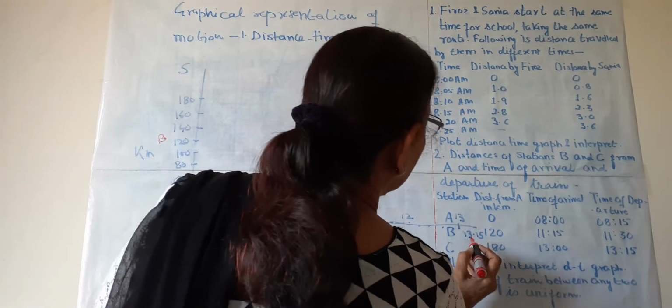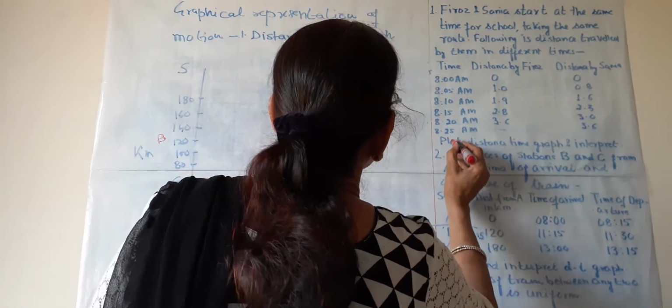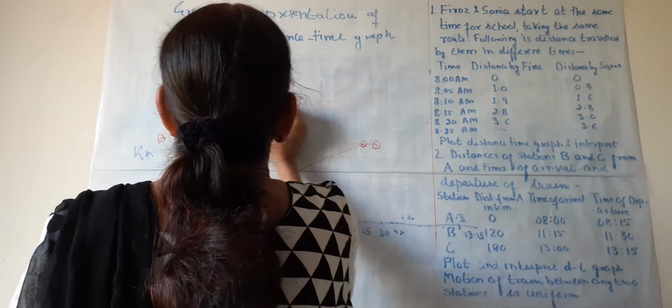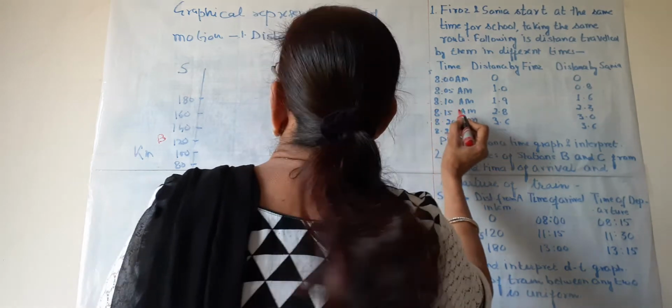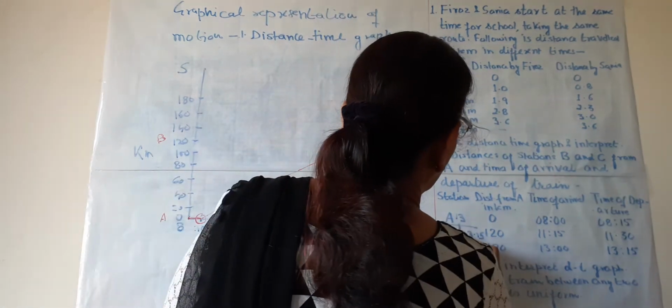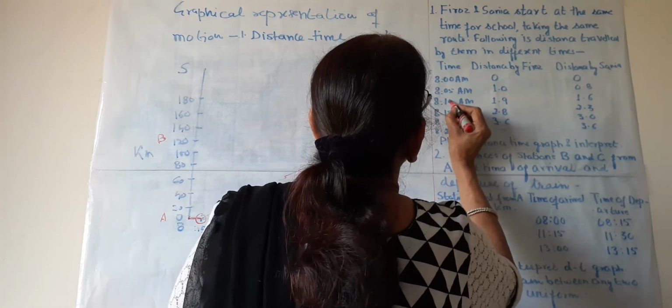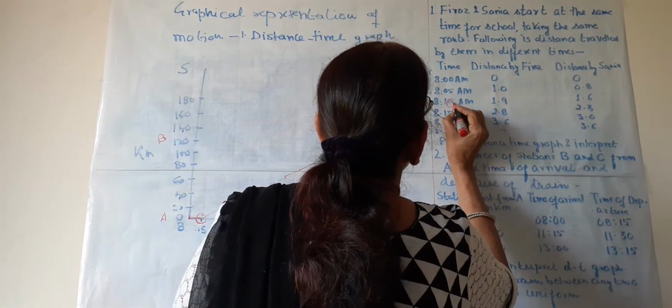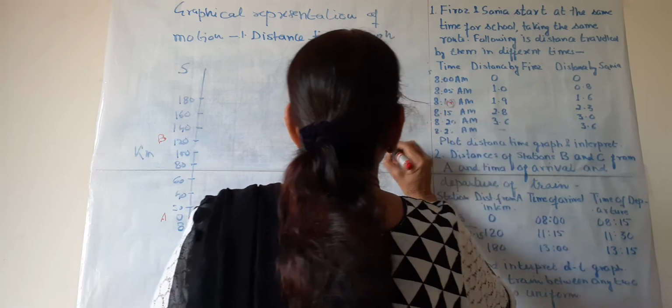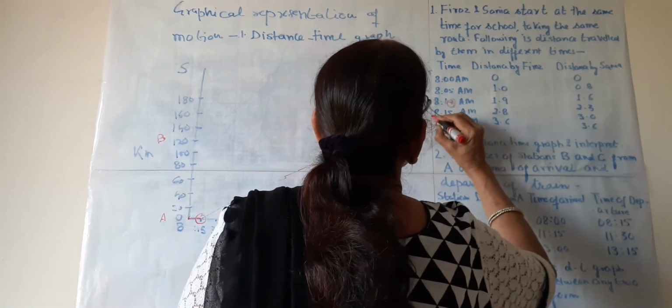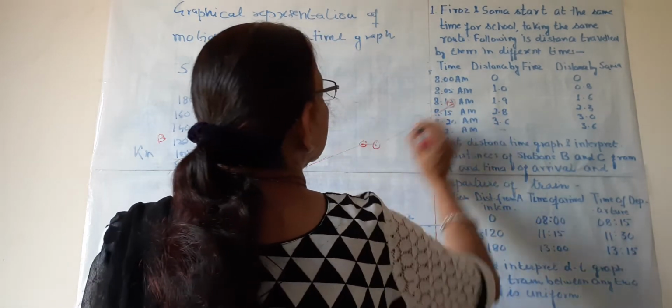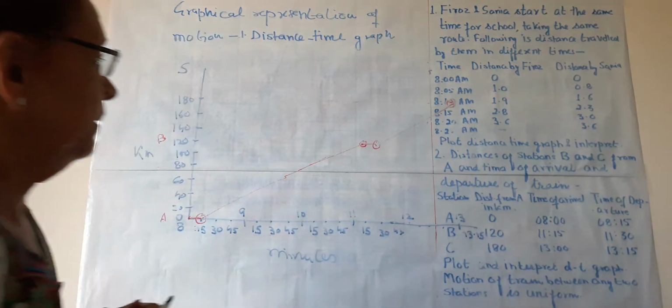Where is 1? 1 is here. So this is 180 and 1 o'clock is here. So here is the point. At 1 o'clock the train reaches here. So this will be the graph.